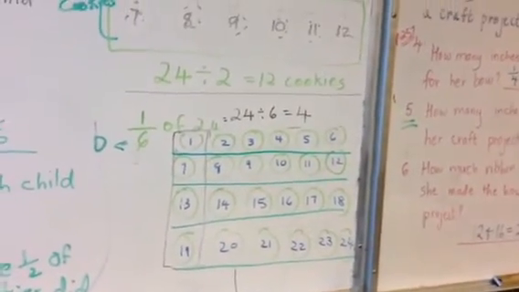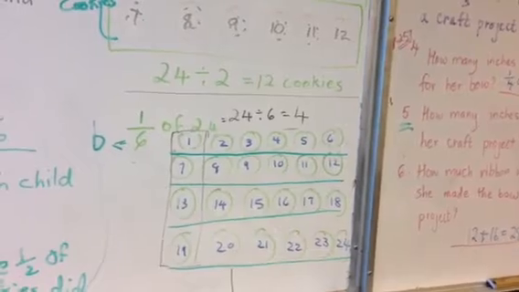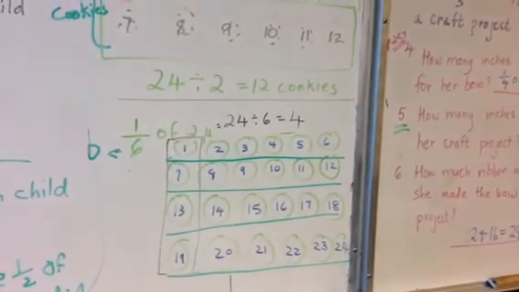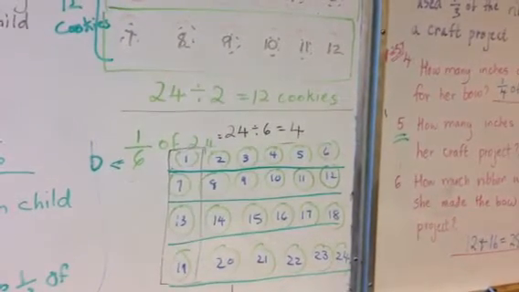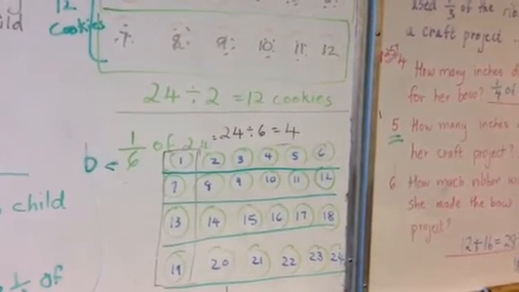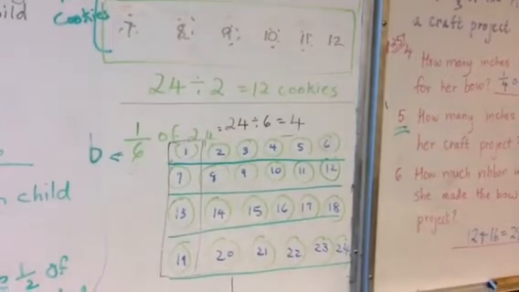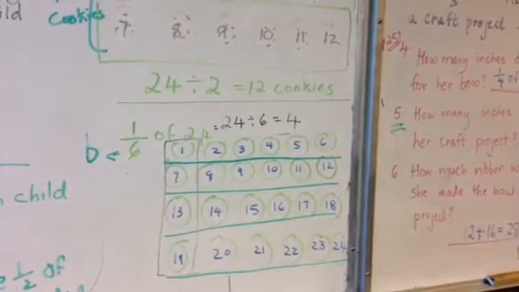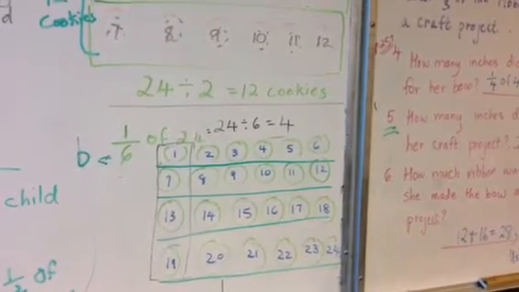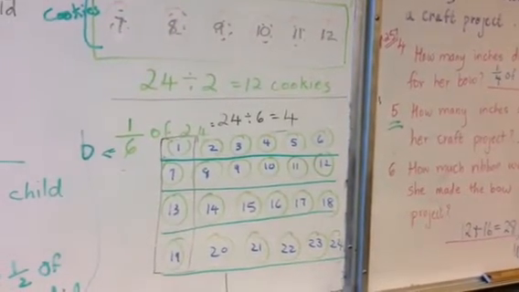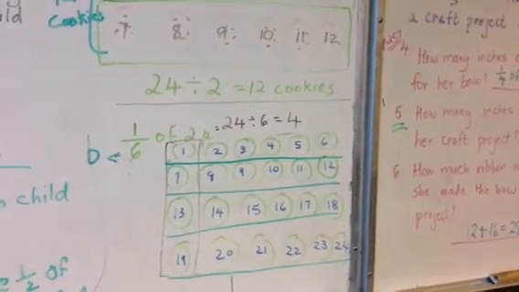So if you make sets of 6, how many in each set? It will be 4. So 24 divided by 6 is equal to 4. So sets are 6, but selected is 4. So drawing pictures do help.